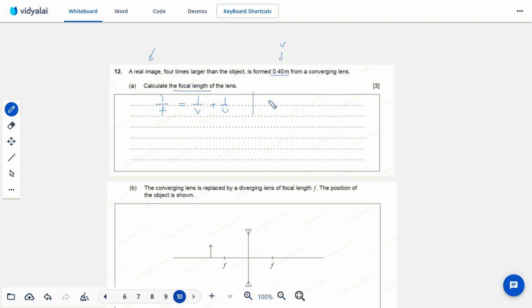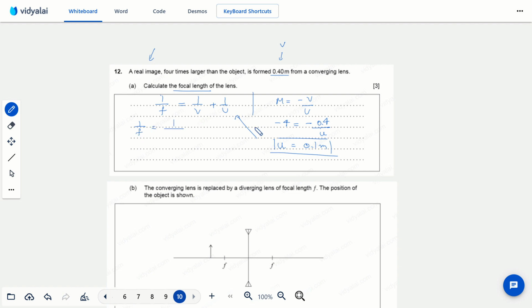So we need to find that out first, and we make use of this magnification formula. m is equal to minus v by u, and m is equal to minus 4 because the image is actually larger than the object, and the image distance is 0.4. So let's rearrange this equation so that we can obtain u, which is 0.1 meters, and we can substitute that in that equation.